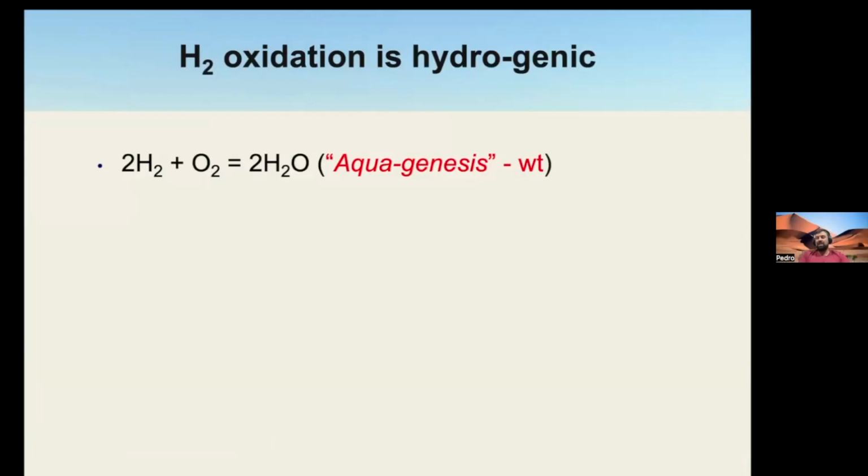What does this mean? Well, the hypothesis that Tom Cohen, the director of the center, has put forward is that this hydrogen that's being oxidized can actually be used to generate metabolic methane. A term that has been called aquagenesis, although I think this is a working term and they may have to try a little bit more.